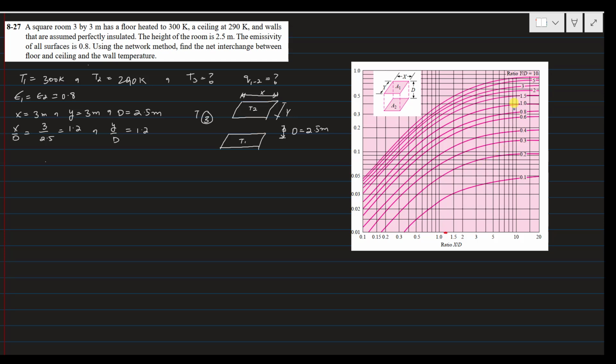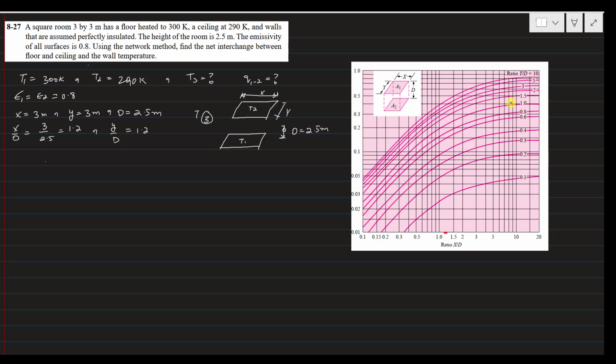Now look at this curve. The curve for 1.2 will be between the 1.5 and 1 curves for the y by d ratio.